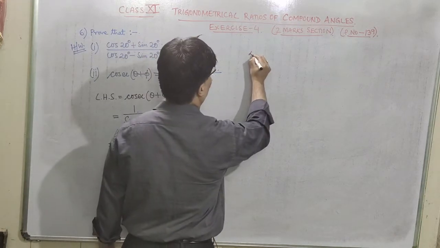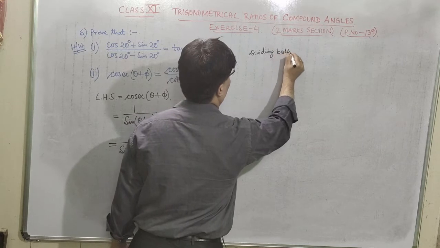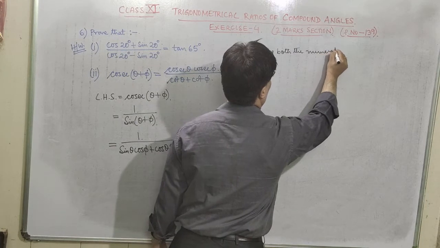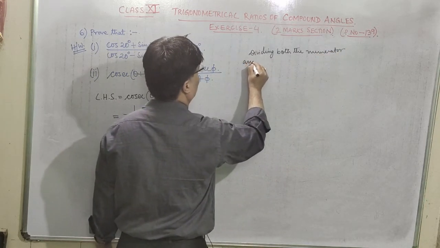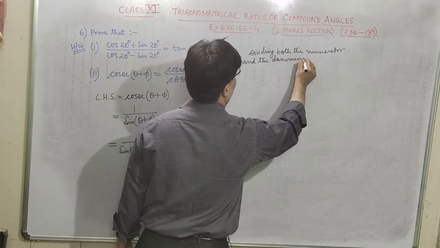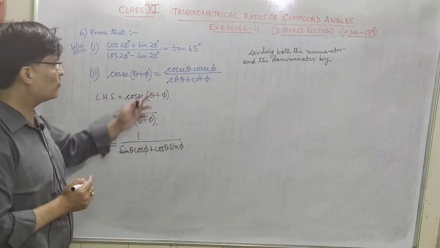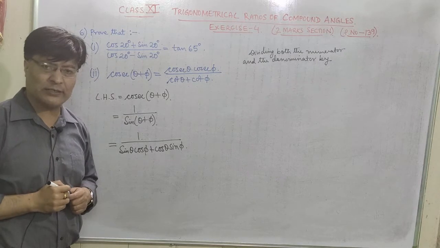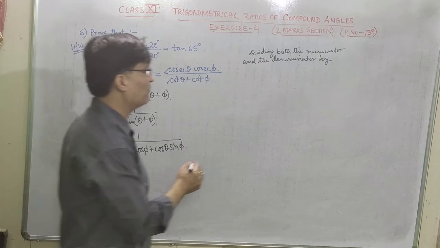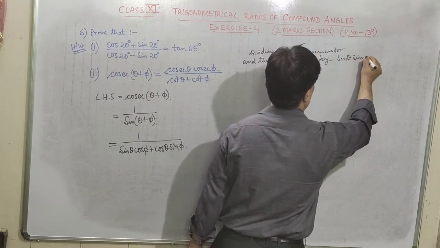So let us write here, dividing both the numerator and the denominator by how much? Since we have to prove cosec theta cosec phi in the numerator, you should divide the numerator and the denominator by sin theta sin phi.